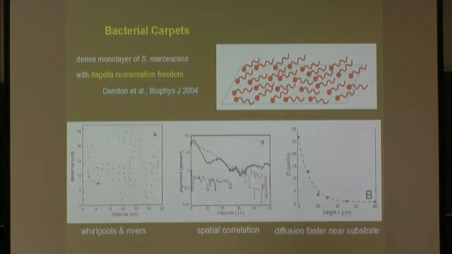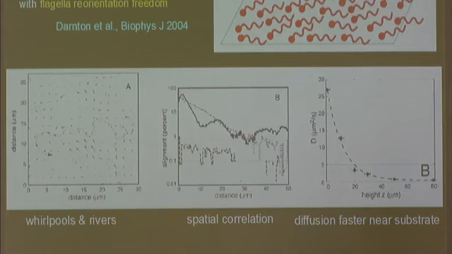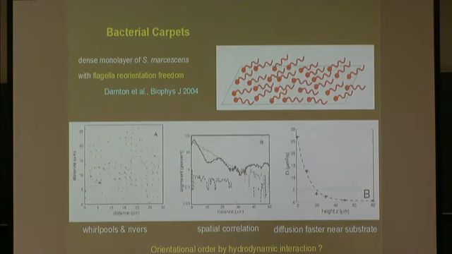The center panel shows the spatial correlation function of the flagella orientation and also the flow velocity. It extends over several flagella. Because of the flow created by the flagella, the transport of fluid is much enhanced near the substrate. The right panel shows the diffusion constant of the tracer particles as a function of the height from the substrate.